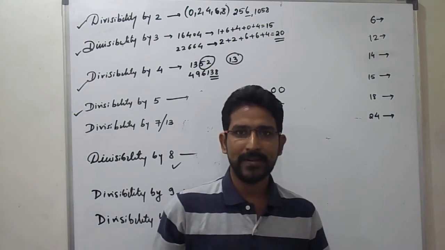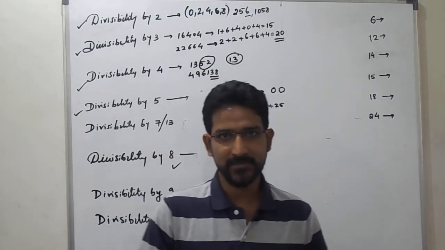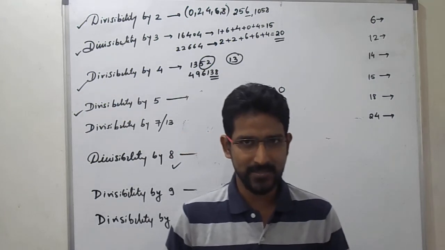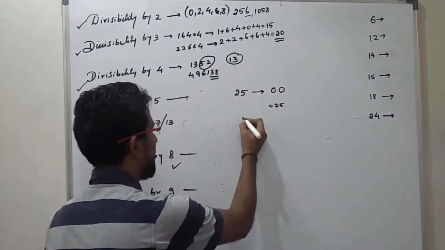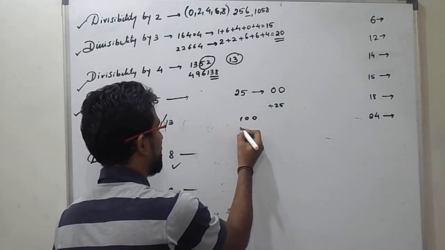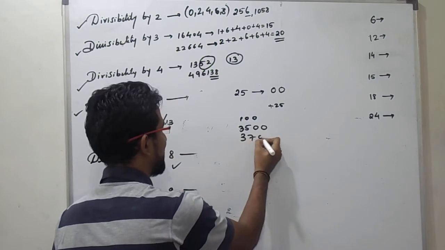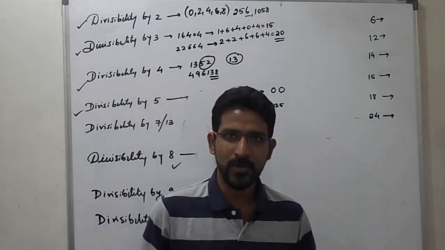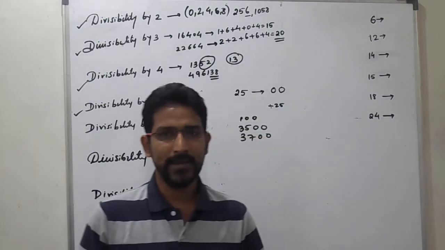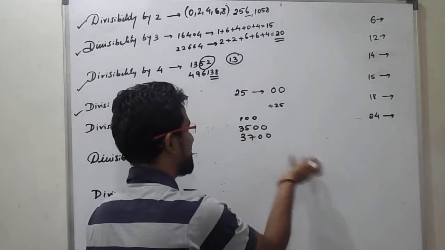If any number contains two zeros in its last place values, that is unit and tens, then that number will be divisible by 25. Example 100, example 3500, 3700. So if it contains unit and tens place as 0, then that number will be divisible by 25, or it contains the number which is divisible by 25.